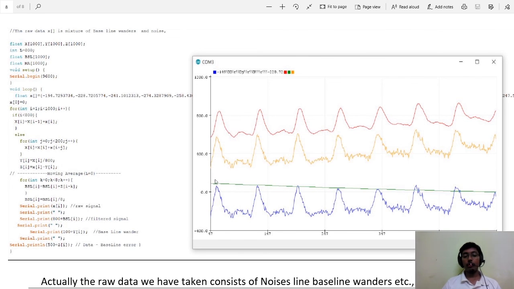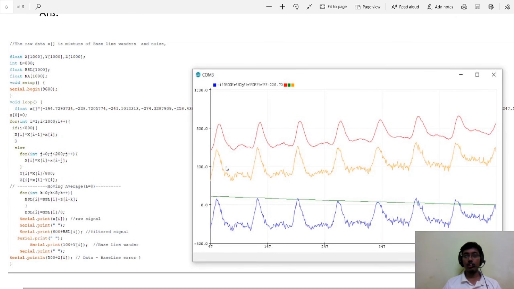I have removed the baseline wander from the original signal, so that I obtain the combination of the original PPG signal and high frequency noise. When this is applied to a differential filter followed by a moving average filter, we will get the correct signal, meaning the original PPG signal, which is the red one here.